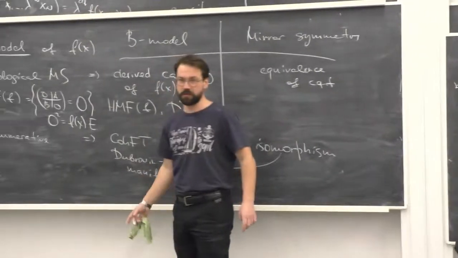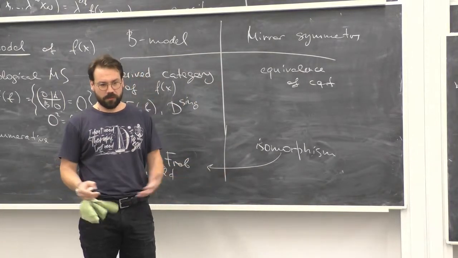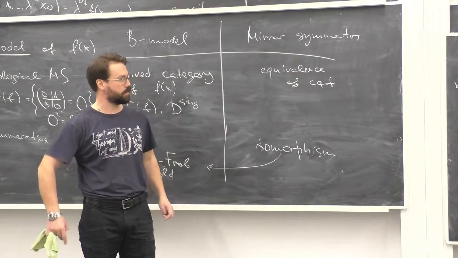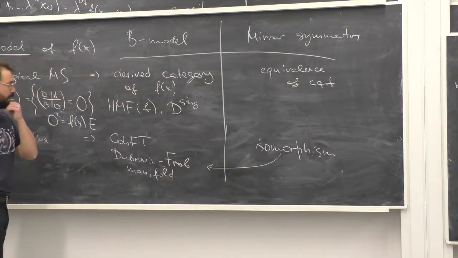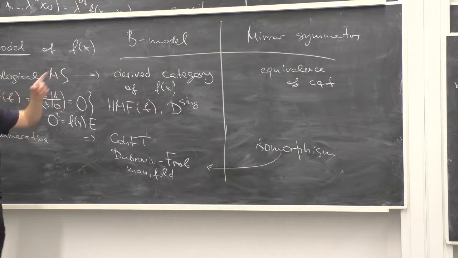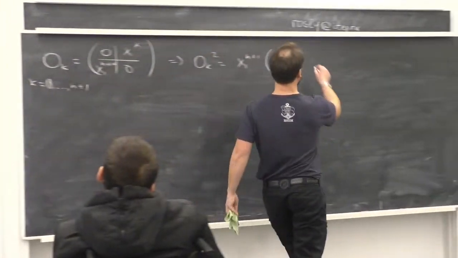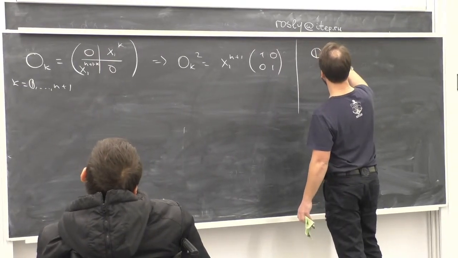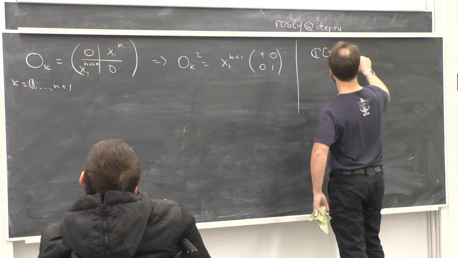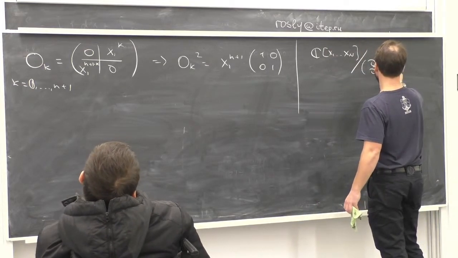But in order for this category to be not too huge, it is actually important, in the same way as it is important that this ring is a finite dimensional vector space.